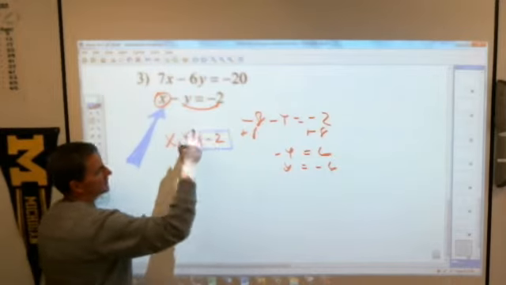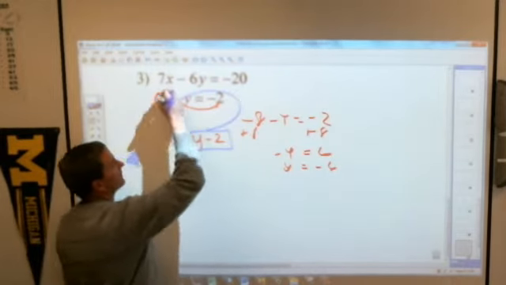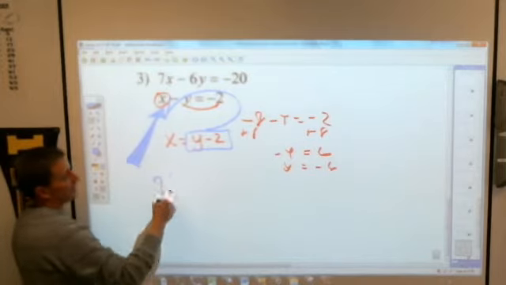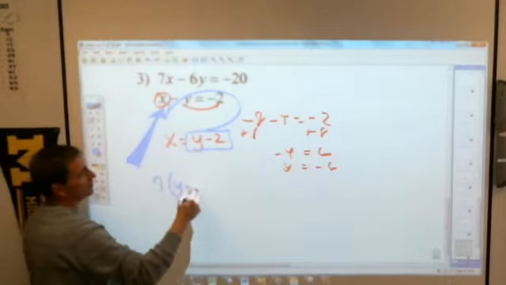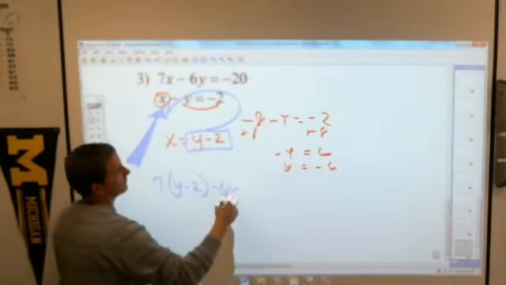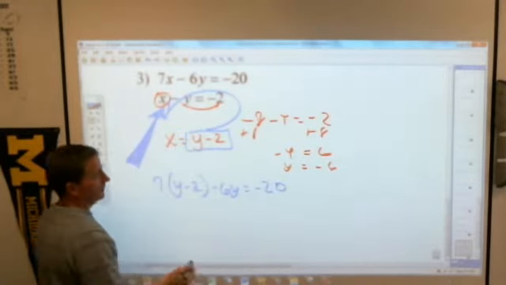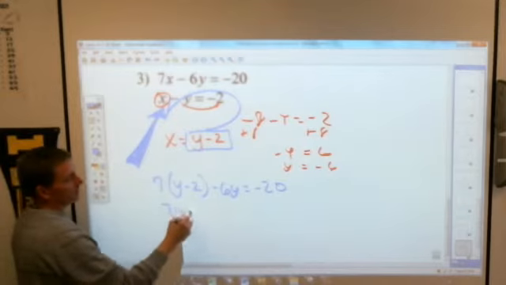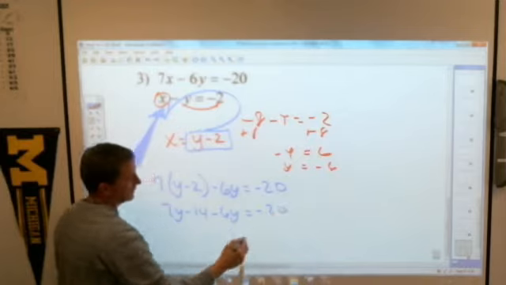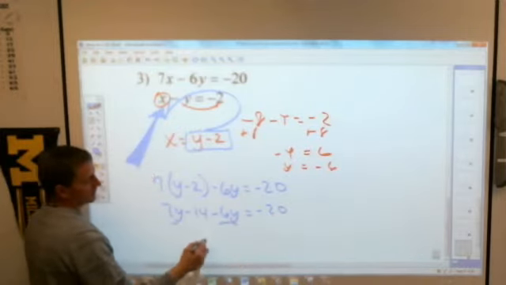So you put this in for x right there. So 7 times what x is, which is y minus 2, minus 6y equals -20. Distributive property: 7y minus 14 minus 6y equals -20. Combine your y's, oh look how nicely that works out.